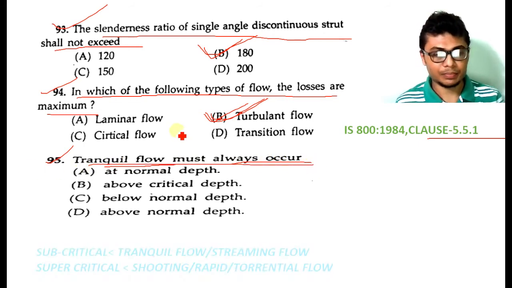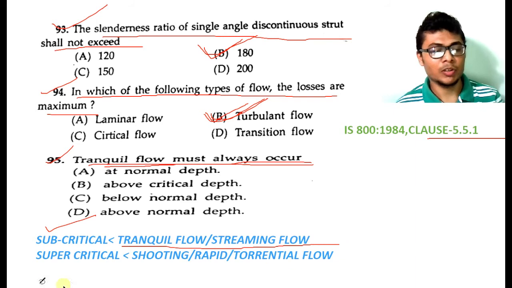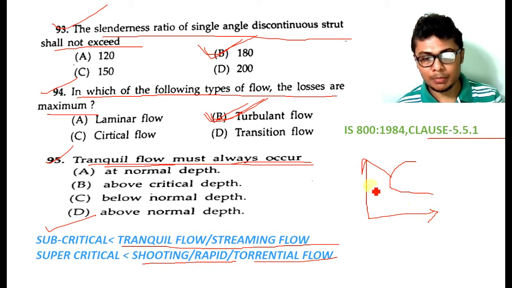Let's see. Subcritical flow is also known as tranquil flow or streaming flow, and supercritical flow is known as shooting, rapid or torrential flow. So tranquil flow is subcritical flow. In the specific energy curve, this is my critical depth.